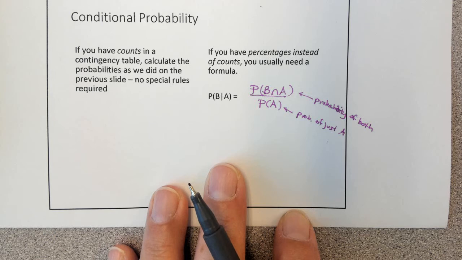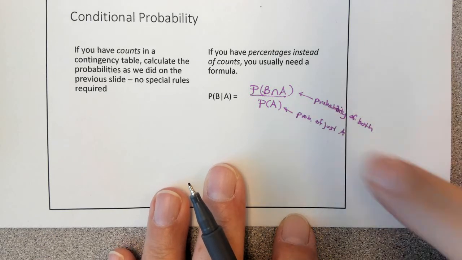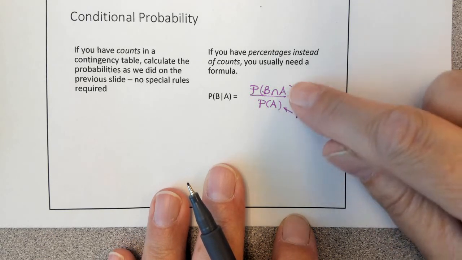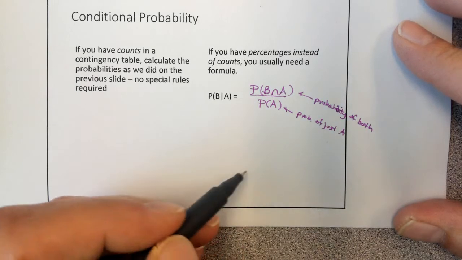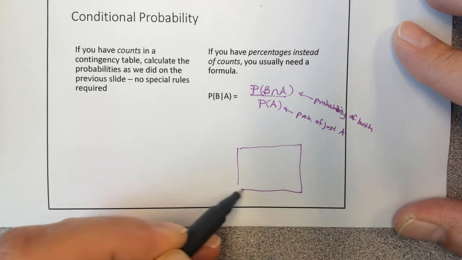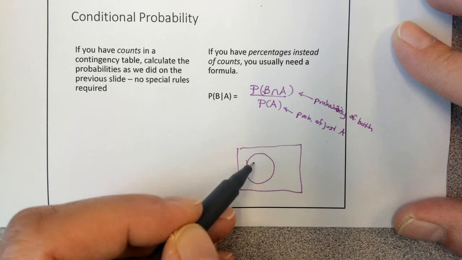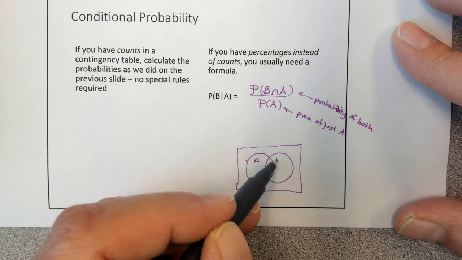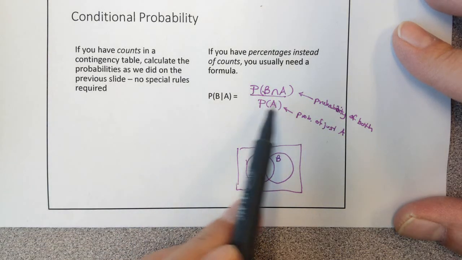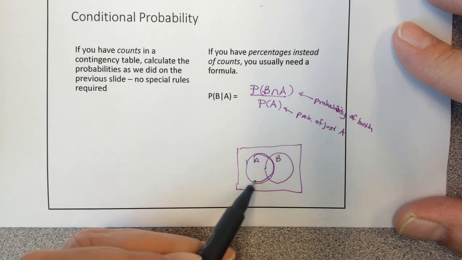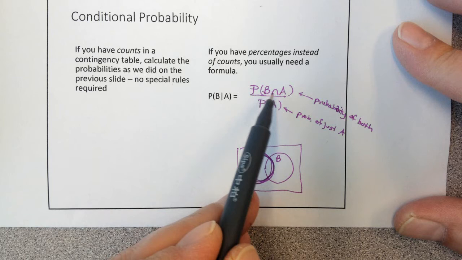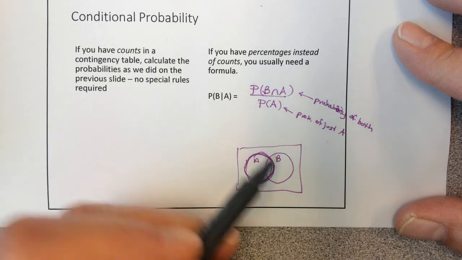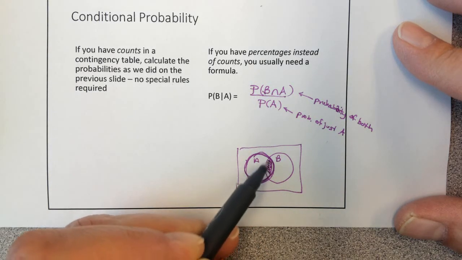Even with this formula, it's a good thing to pin down the denominator first, because the numerator is still going to be a subset of the denominator. If you think about a Venn diagram, if you have two events, A and B, the probability of A is going to be everything in this circle, and then the probability of B and A is the intersection of A and B, so it's everything in this part.